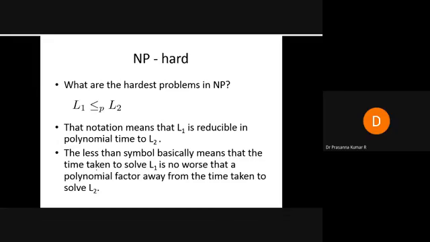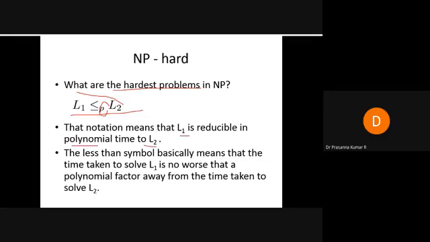For example, there are two lists L1 and L2, and we have to check if L1 is less than or equal to L2 in polynomial time P. This notation represents that L1 is reducible in polynomial time to L2.